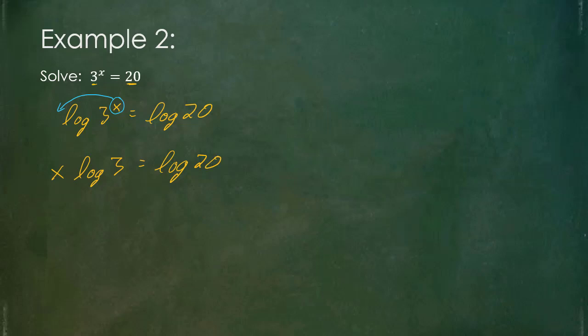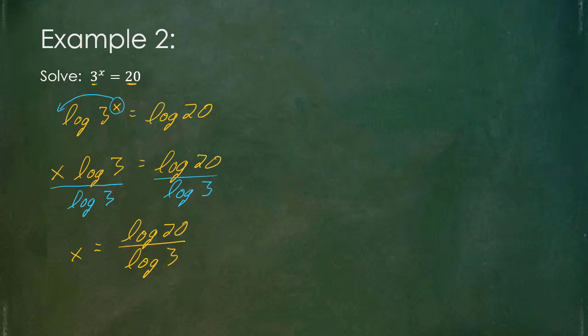And since the log of 3 really is just a number, right, I could type that into the calculator and it would give me a number. I'm just going to go ahead and divide that number over to the other side. And that would give me my final result here of x would equal whatever log of 20 divided by log of 3 would be.